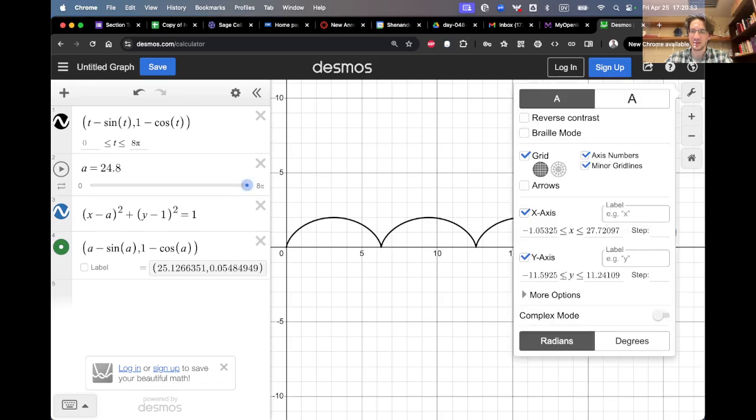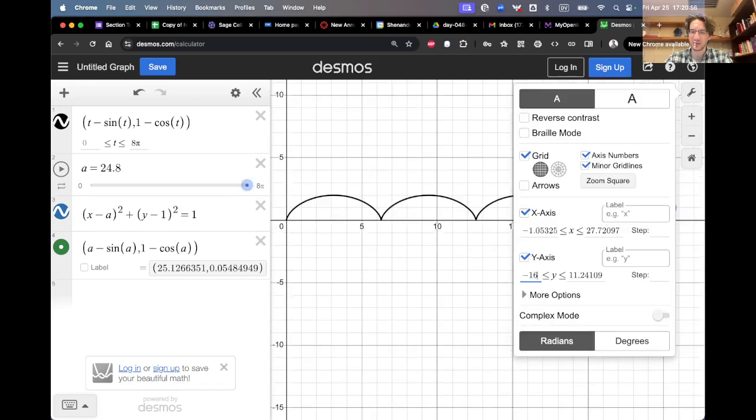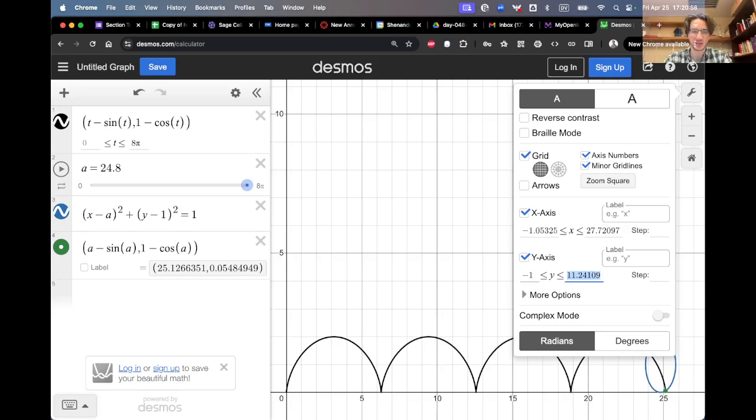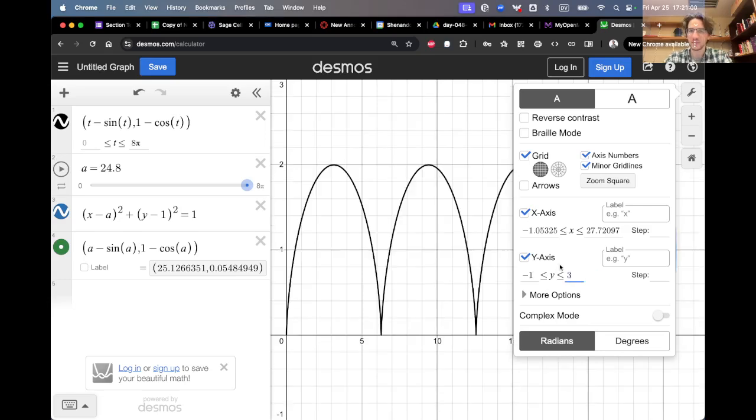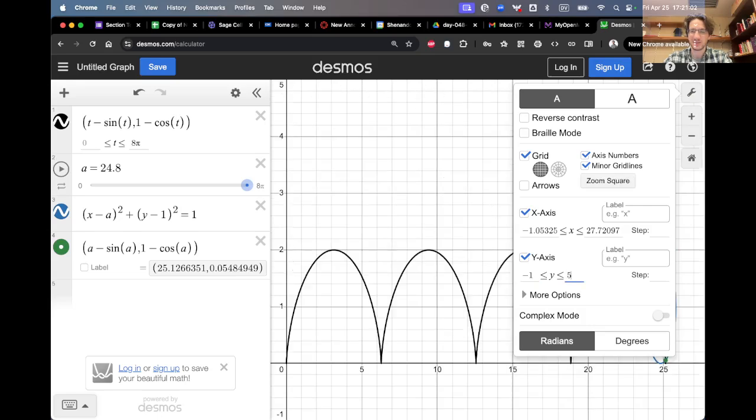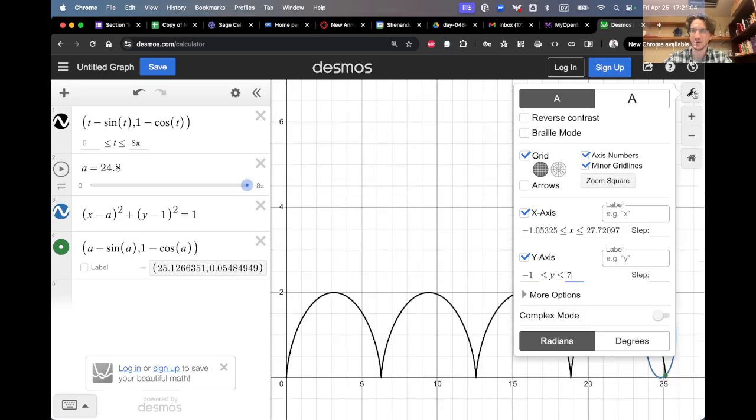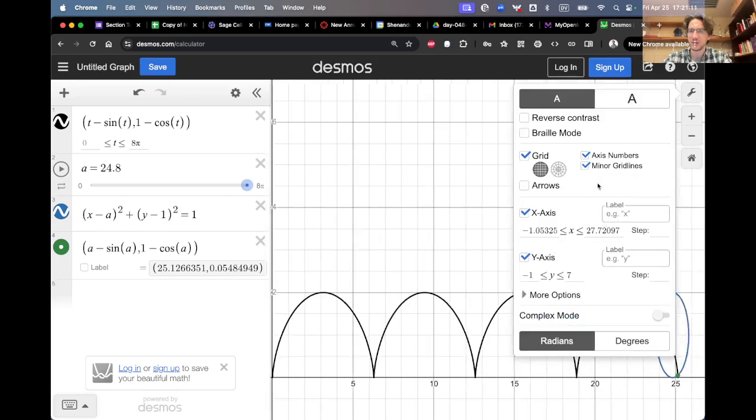Okay, so let me make the y-axis a little better. Negative 1 to, I don't know, let's go 3. Let's go 5. Let's go 7. There we go. And there we go, zoom square.